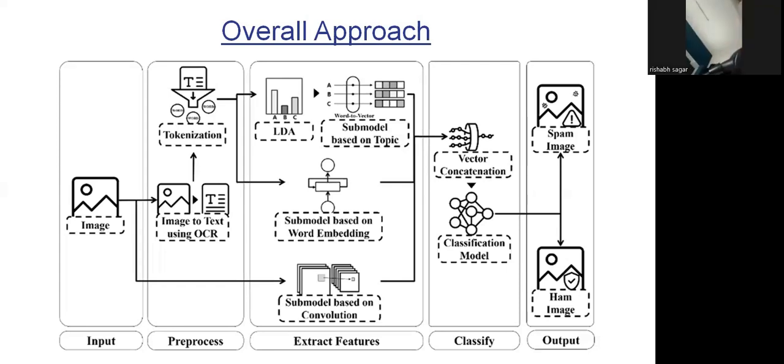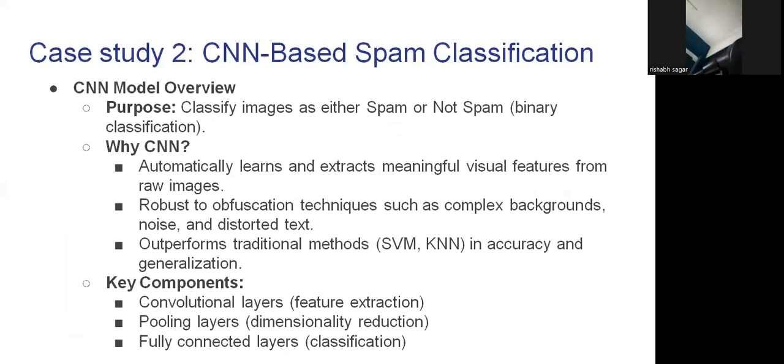You can start. Okay. So, myself, Biswadarshi Naik, registration number 242602. I have tried to practically show the CNN-based spam classification. So, our CNN model is designed to classify images as either spam or not spam. Unlike traditional methods like SVM or KNN, CNNs automatically learn and extract important visual features directly from raw images.